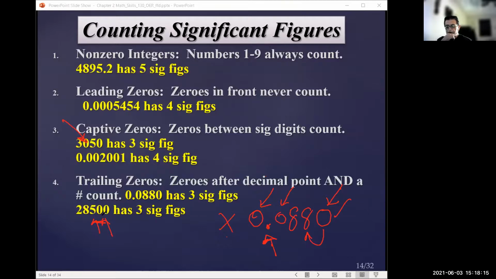First question: is there an integer in front of those two zeros? And you say, yes, there's a 5. Okay, good. That's a yes. Second question: is there a decimal point anywhere in this number? Answer is no. Therefore, those zeros don't count. There's only 3 sig figs. You see how that works with respect to zeros?